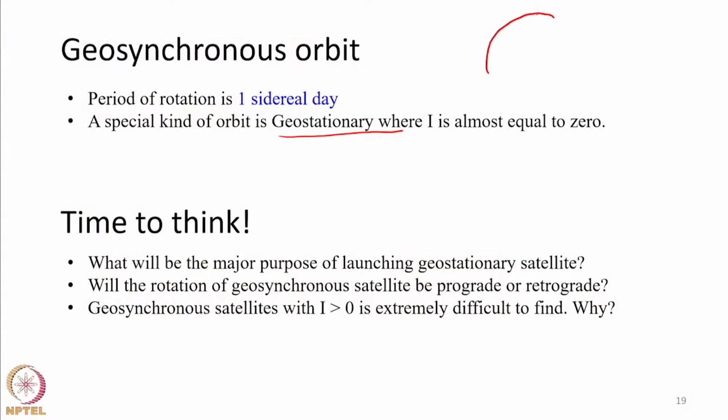Let us say this is Earth, this is the equator. There will be a lot of longitudes on the Earth's surface, we know that. Let us say a satellite is positioned here. Okay.